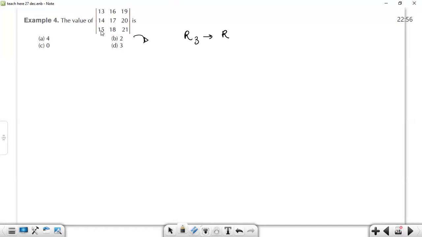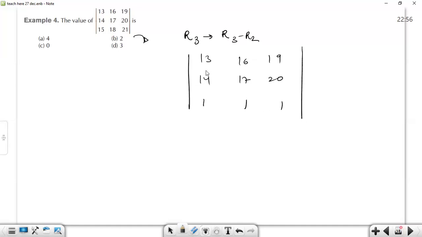We'll subtract the row number 3 elements from row number 2. Now 15 minus 14 is 1, 18 minus 17 is 1, 21 minus 20 is 1.